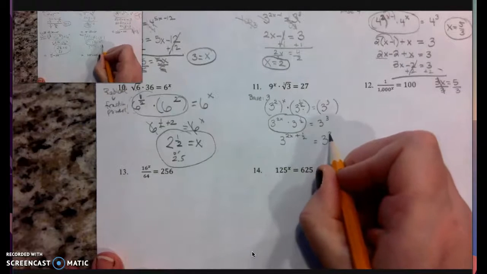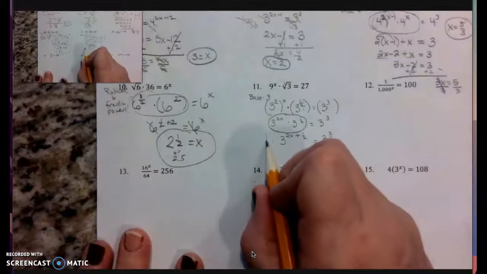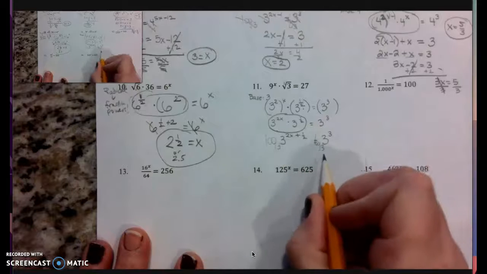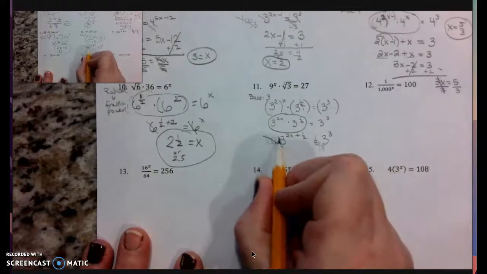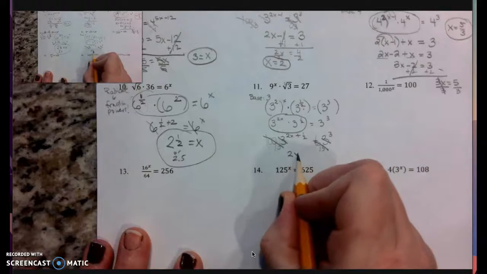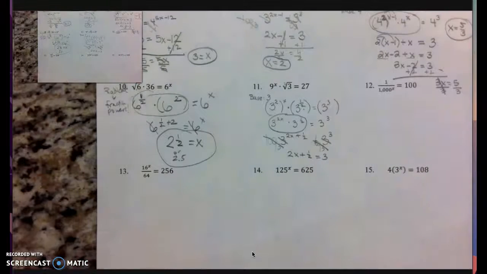And this side is already just one base. All right, at this point, I'm going to do log base 3 and log base 3. I did it to both sides to keep it nice and even, and they get rid of my bases. So you're left with an equation: 2x plus 1/2 equals 3.